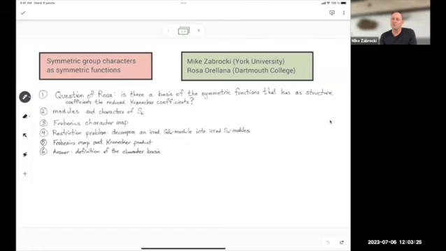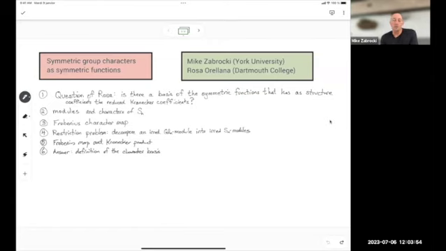I took a course similar to this in graduate school, and I'm just going to cover the modules and characters of the symmetric group, the Frobenius character map, and then apply it to something called the restriction problem, which is the problem of decomposing an irreducible GLN module into SN modules.